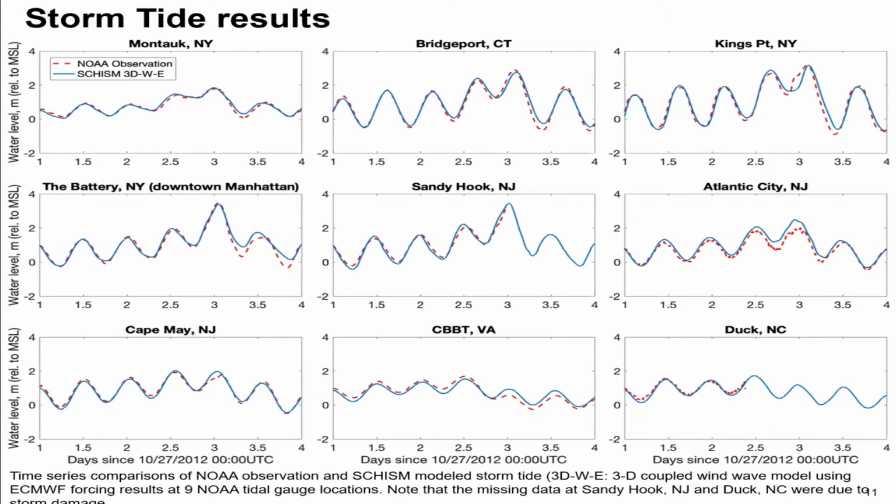It starts with Montauk, New York, and through Long Island Sound to Kings Point, New York in the upper panel. And the middle panel is from the Battery, Sandy Hook, New Jersey, and Atlantic City, and then coming down to the New Jersey and Chesapeake Bay and Duck, North Carolina.